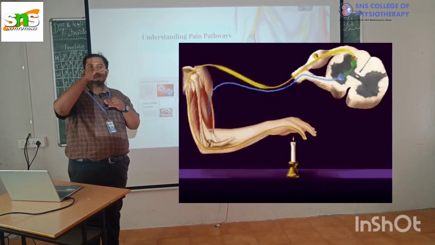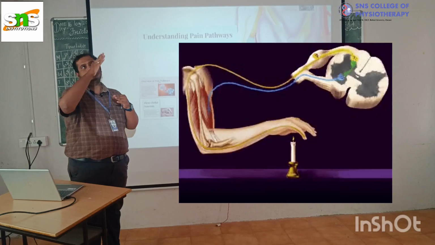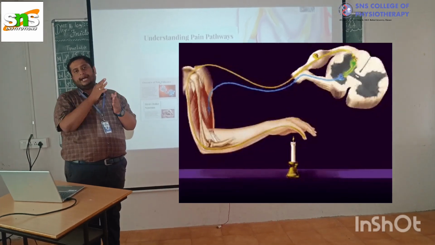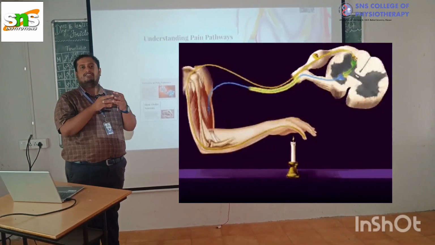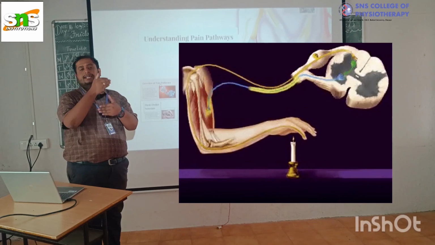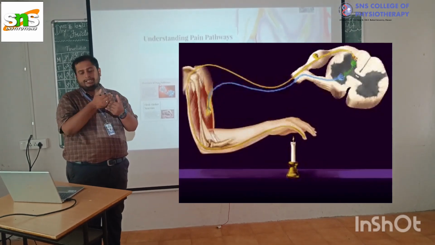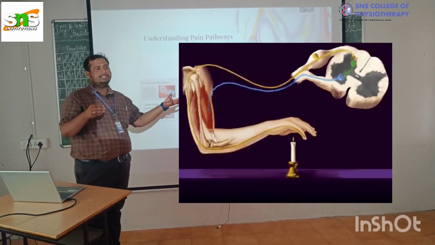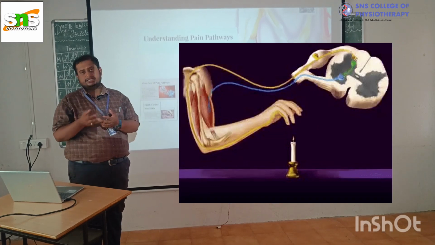Then it travels through the ascending tract to reach the brain. There the pain will be perceived, and it will differentiate what kind of pain it is. Then through the descending tract, it allows the organ to perceive the pain.